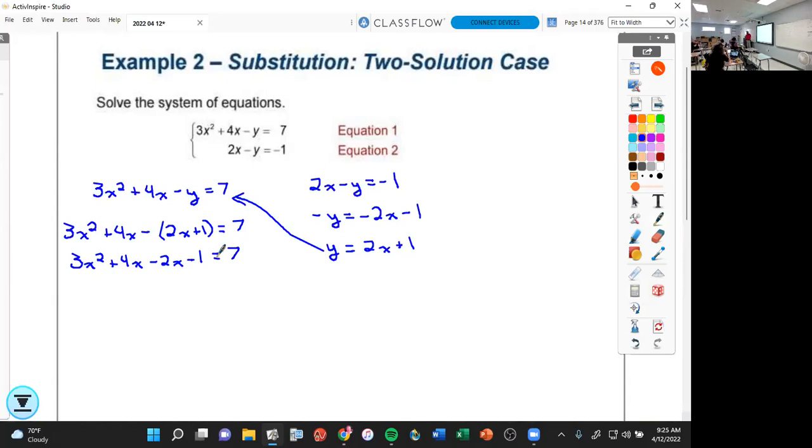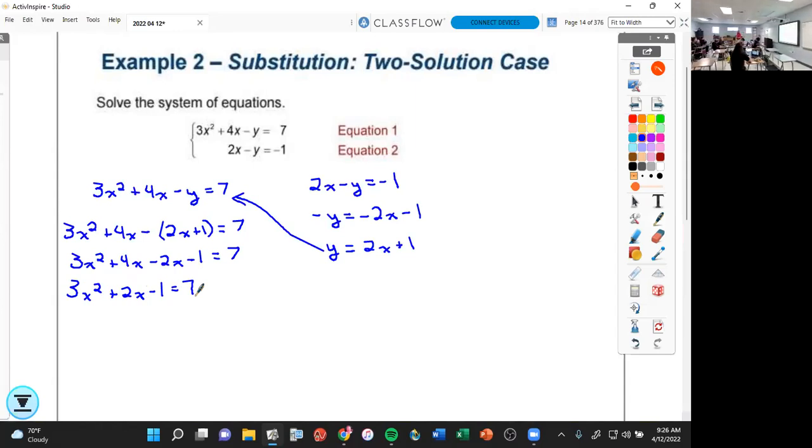Next step. Combine like terms. 3x squared plus 2x minus 1 equals 7. Do not add 1 to both sides. There is no y. What does this look like? It looks like a quadratic.